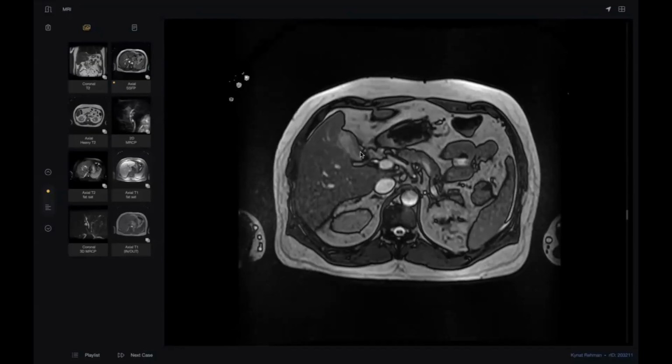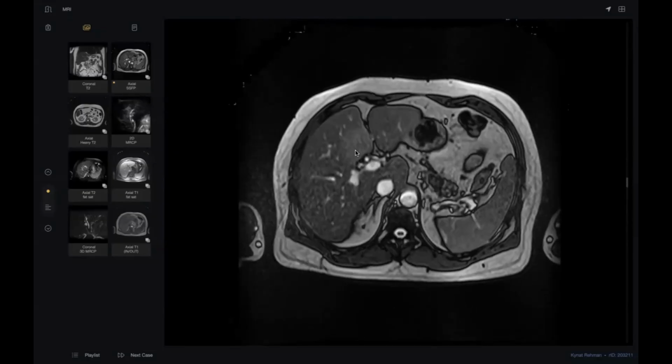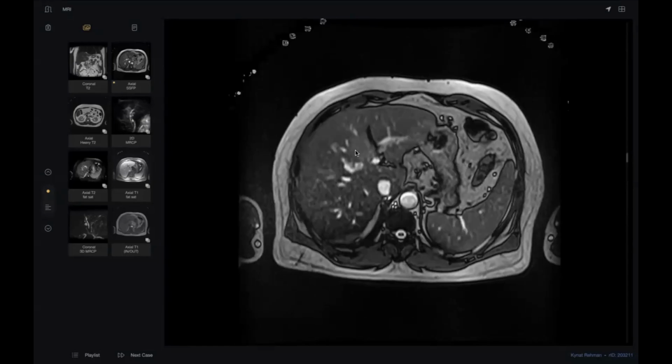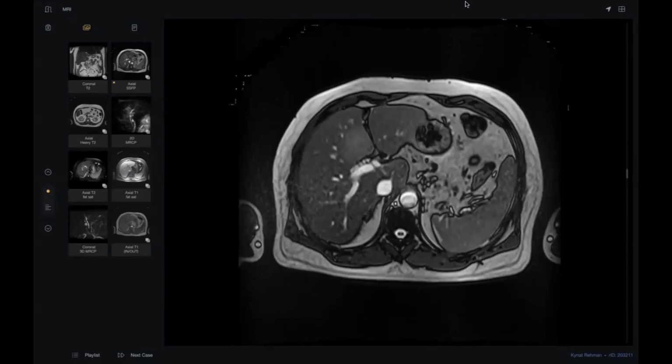Then it shows some foci of delayed enhancement. This is a mixed type between HCC and cholangiocarcinoma. It's called HCC containing cholangiocarcinoma. You may or may not find some retraction of the capsule. But I think it is beyond the FRCR exam. I just mention it by the way.